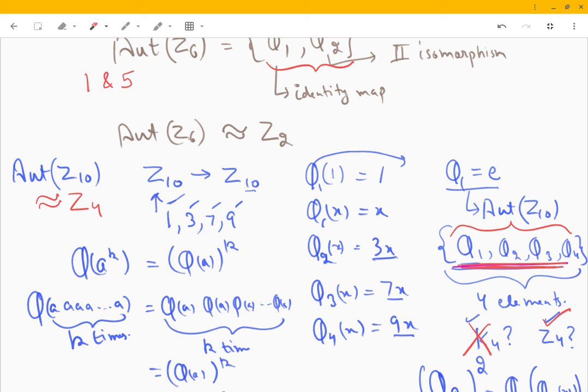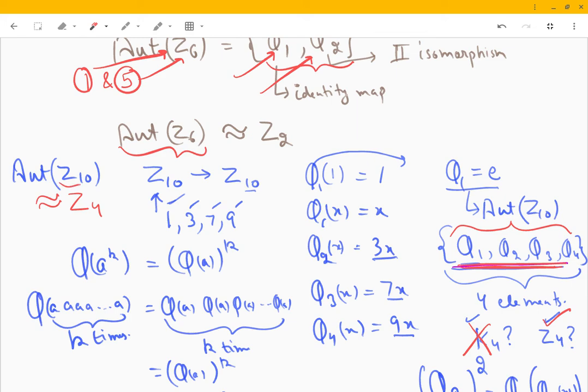So it means that in this specific example of Zn, every number that is coprime to n will be a generator and will give us a unique element of the group of automorphisms, right?